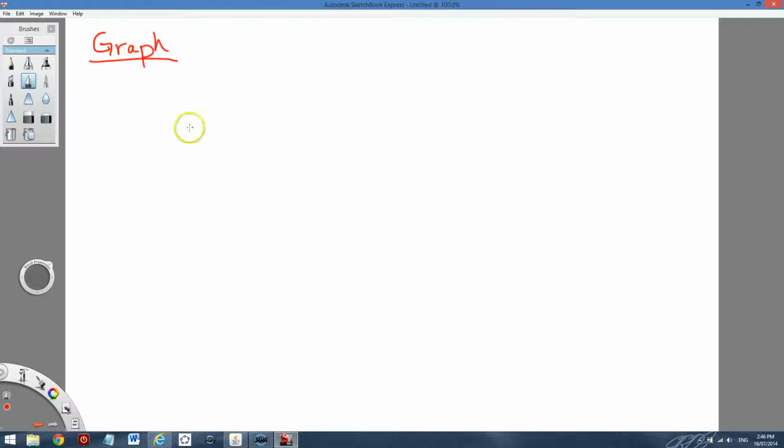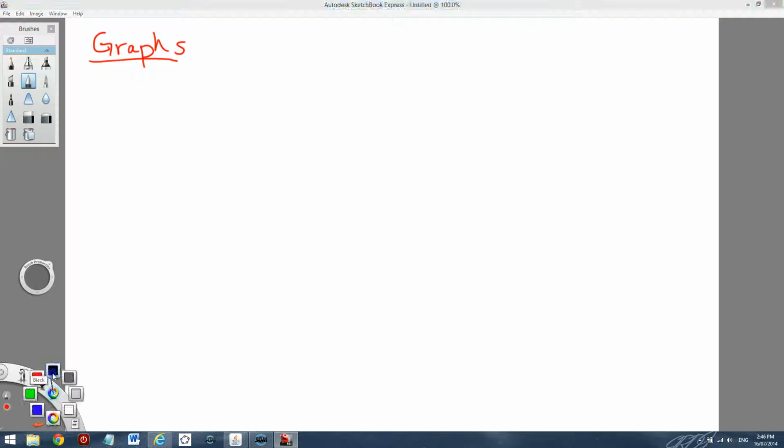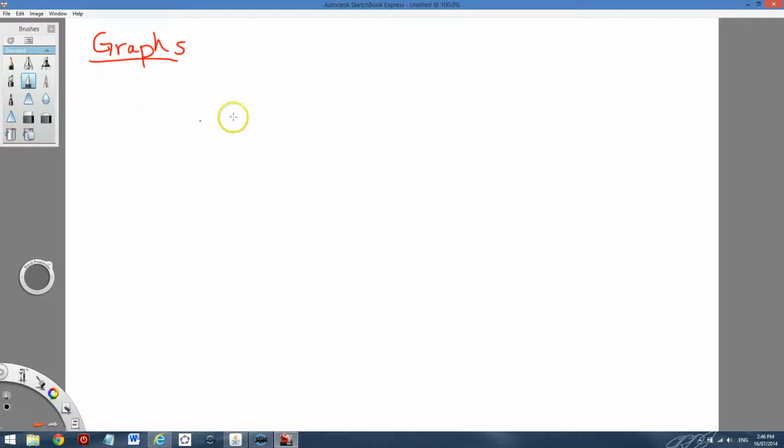Now, in motion, there are 3 types of graphs. Let's start from the beginning. We have the position time graph, or displacement time graph. Position and time.